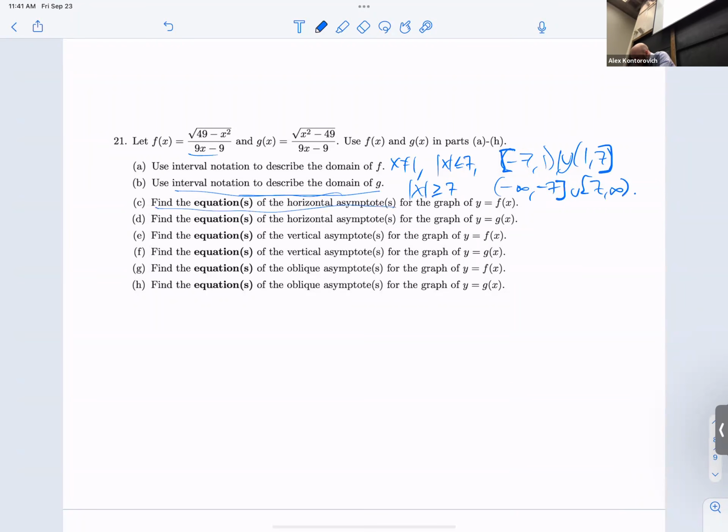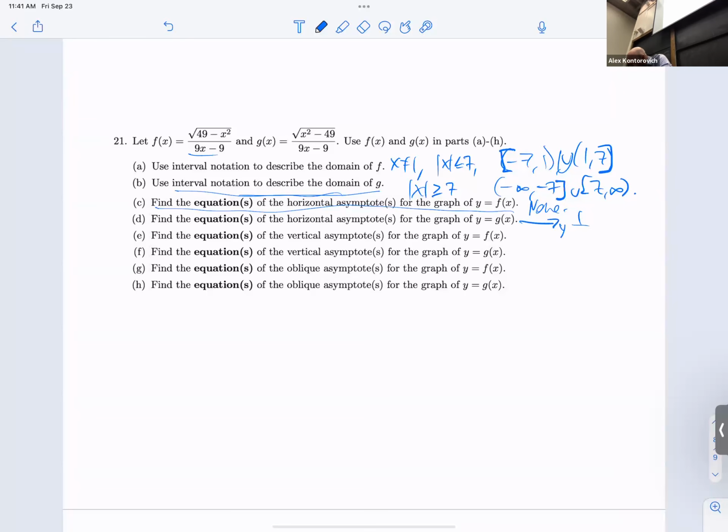Okay. What is a horizontal asymptote of y equals F? F's not even defined. You can't get a horizontal asymptote without going out to infinity. So none. How about the horizontal asymptotes of G? If x is huge, I get roughly x on top and 9x on bottom. So that's a 9th.